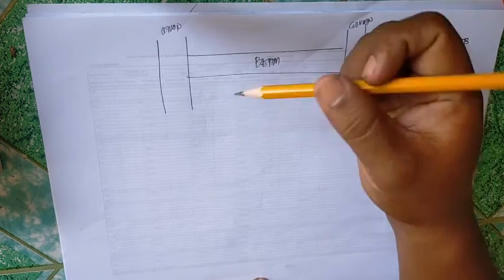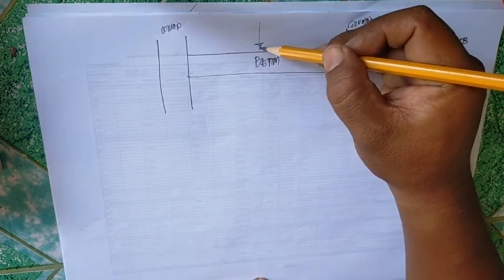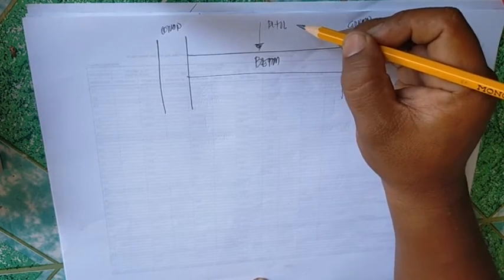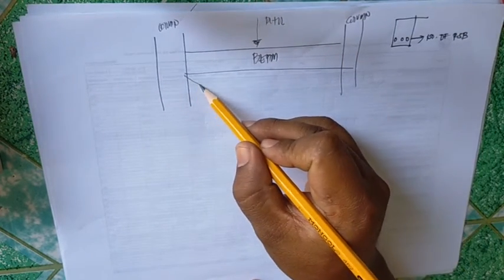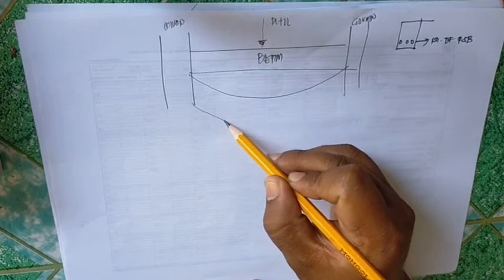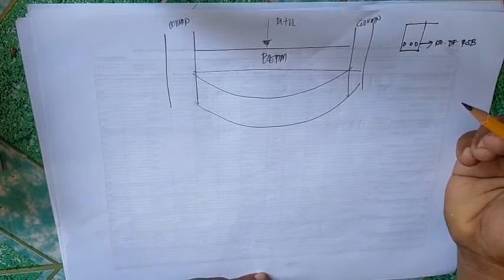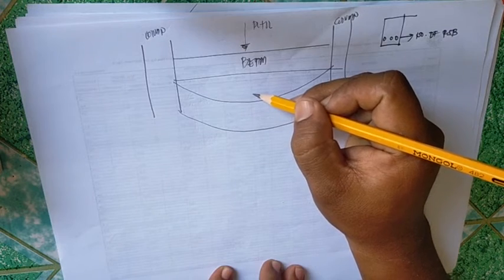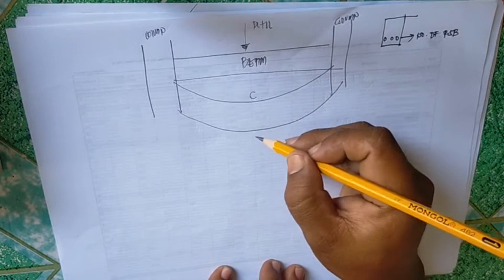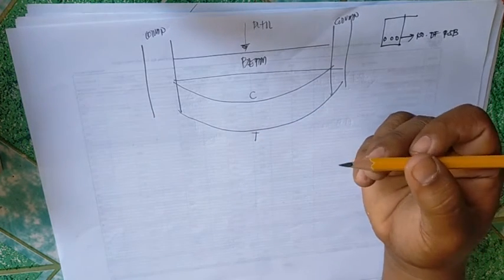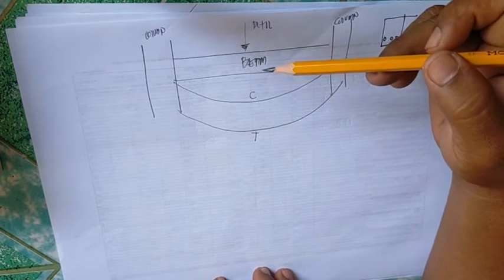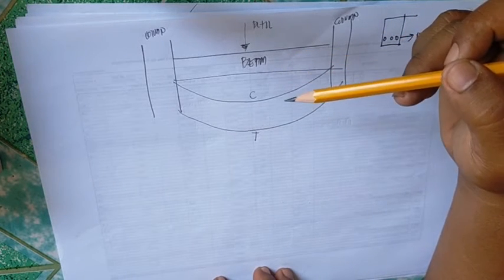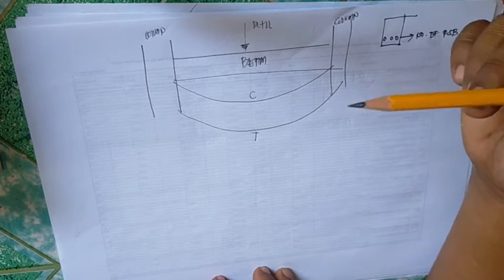Remember, when there is a load, let's say dead load plus live load, it will deform like this. So what we can observe is that at the top portion, it will be under compression, and at the bottom under tension. That's why, what I mentioned a while ago, concrete is good in compression.